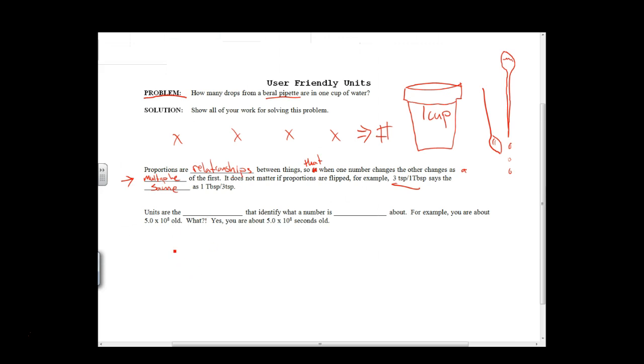If we were to draw that out, we have a ratio of 1 tablespoon per 3 teaspoons. Remember per means slash, so 1/3. We also have a ratio of 3 teaspoons per 1 tablespoon.